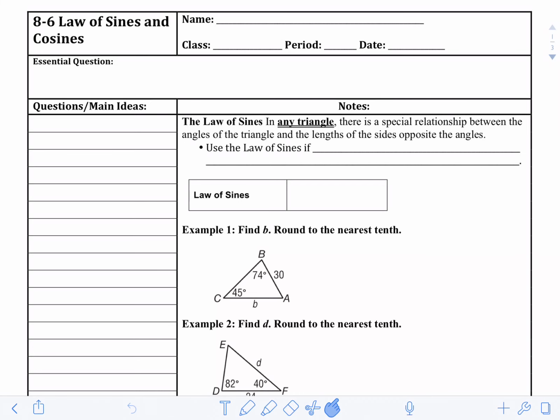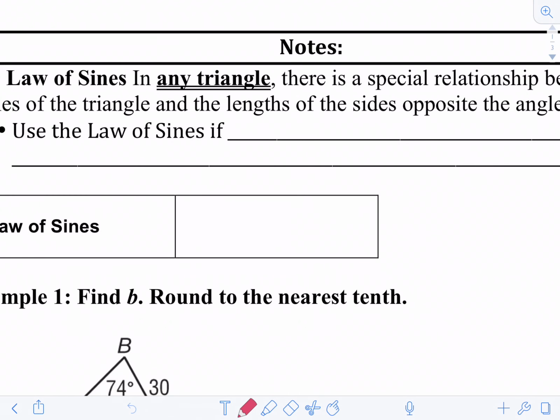You use the law of sines if you have two sides and an angle, or two angles and a side.